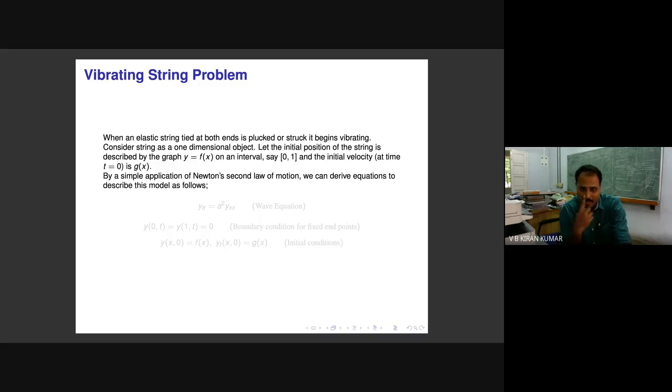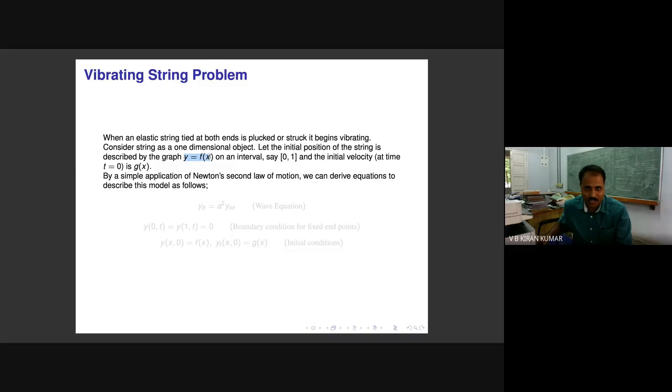Let us assume that one end point of the string is at the origin 0 and the other end point is at 1. It's a one-dimensional string, so neglect the thickness of the string. And it starts vibrating. As time progresses, the position will depend on the time also. So y will be a function of x and t. And suppose we know the initial position of the string.